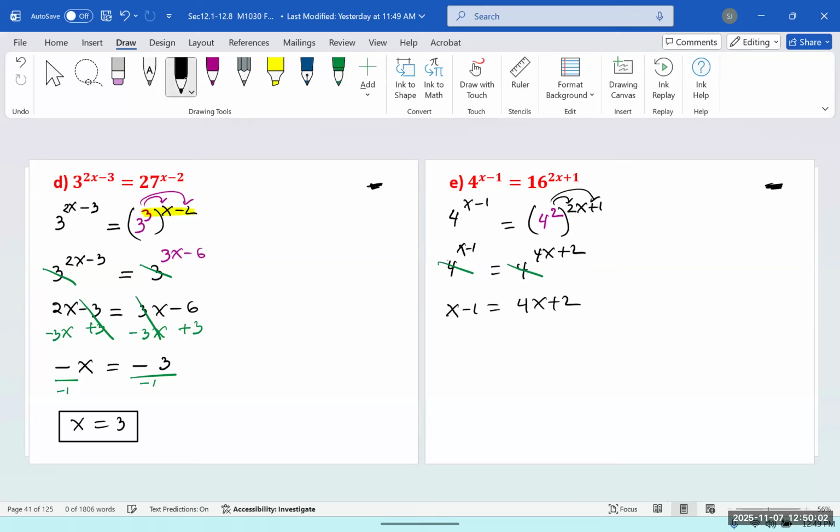And then subtract. Well, that you can add one, and subtract four. You get negative 3x next to it. 3x equals 3. 5 times. You get actually x equals 17.